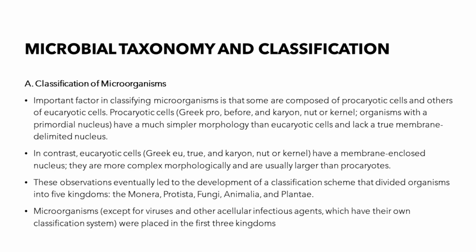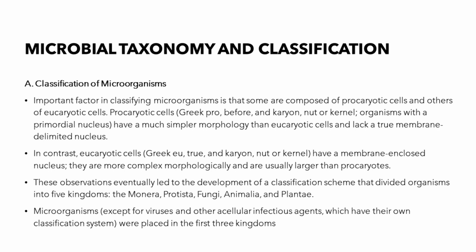They have a much simpler morphology than eukaryotic cells and lack a true membrane-delimited nucleus. In contrast, eukaryotic cells, from the Greek eu, true, and karyon, nut or kernel, have a membrane-enclosed nucleus.